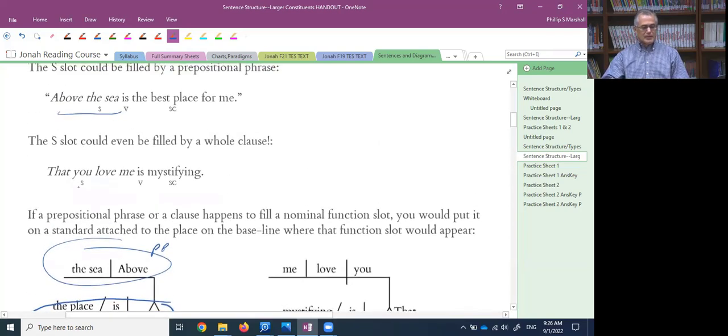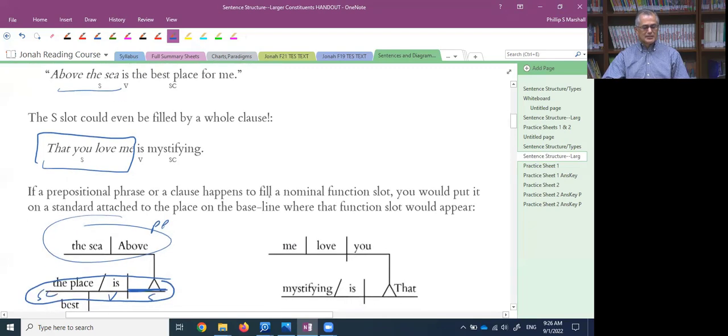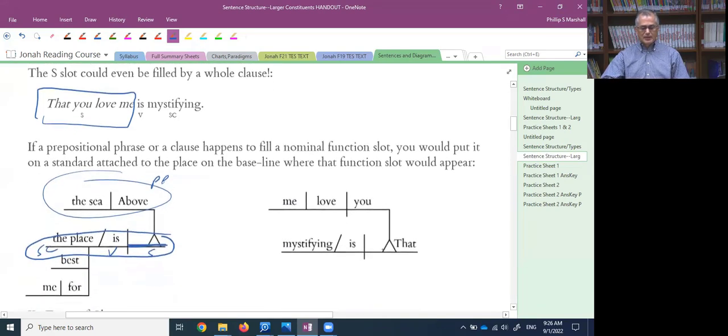And then the subject could even be a whole clause. That you love me is mystifying, right? That you love me is the subject. The verb is the copular verb is, and mystifying is the subject complement. So we have a subject, verb, subject complement structure.